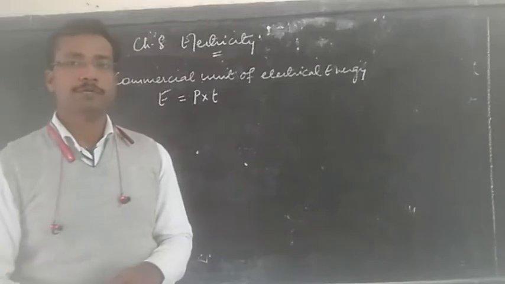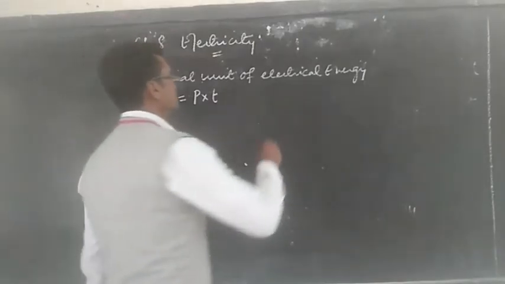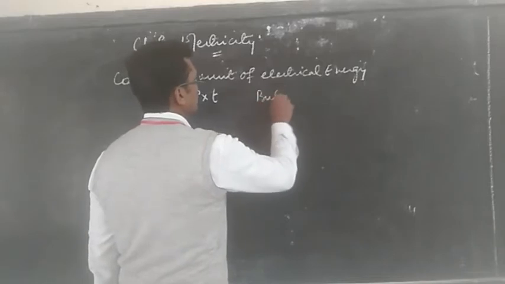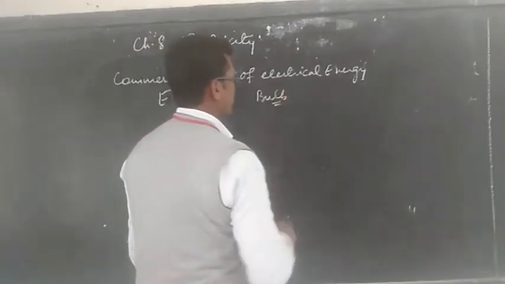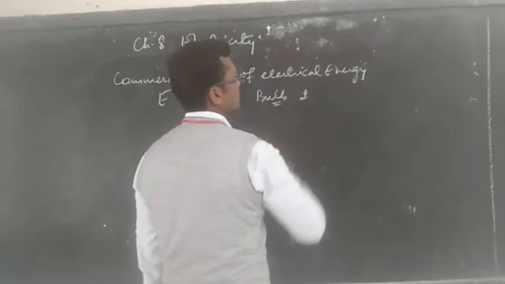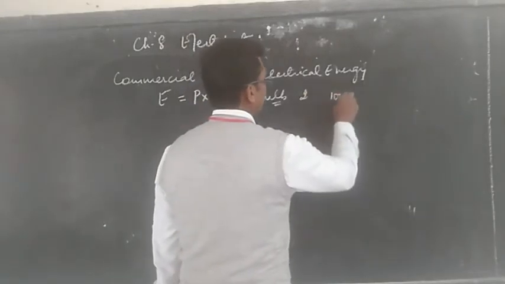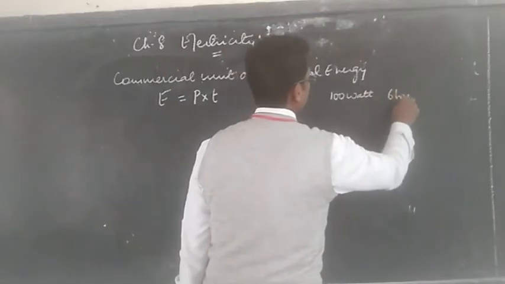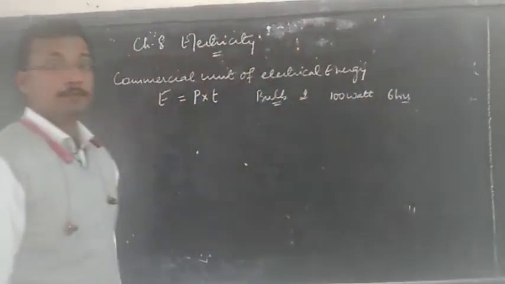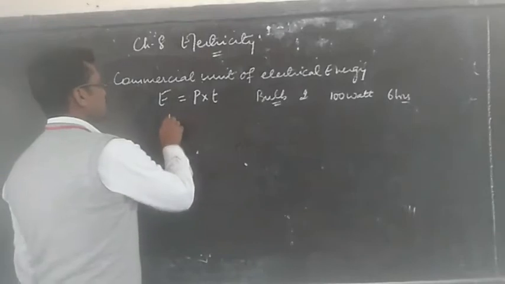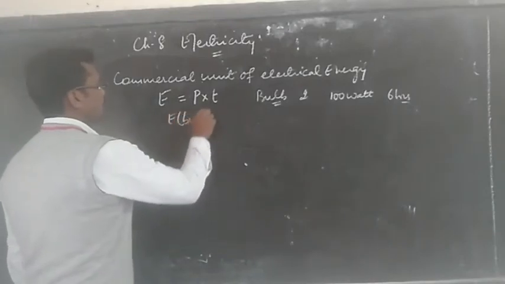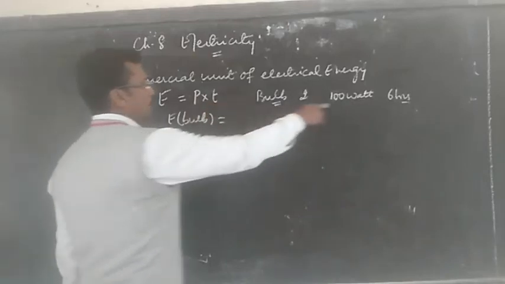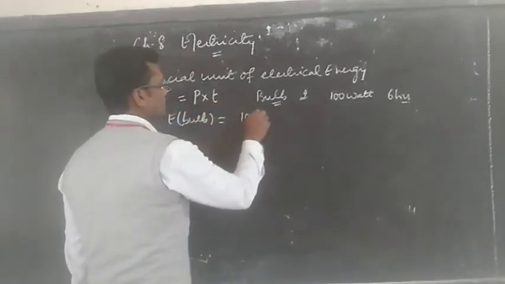Take one example to understand. Suppose we are using bulb. If there are two bulbs of 100 watt each used for 6 hours, then electrical energy consumed by the bulb will be equal to P into T, where power is 100.